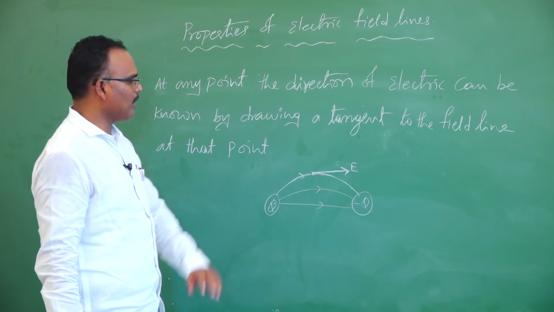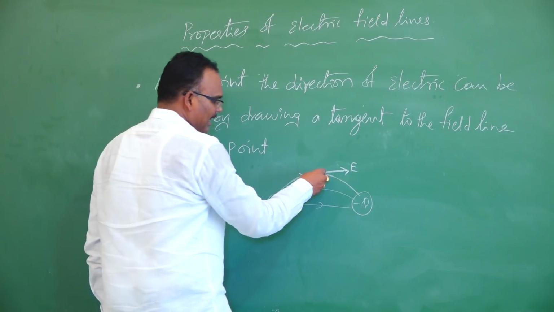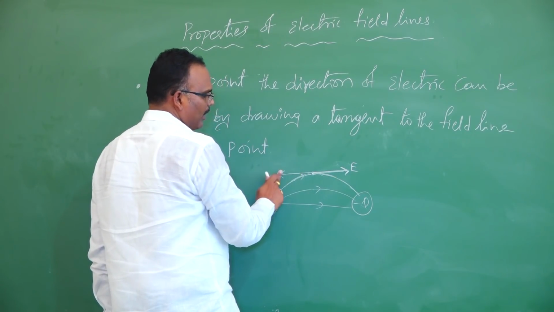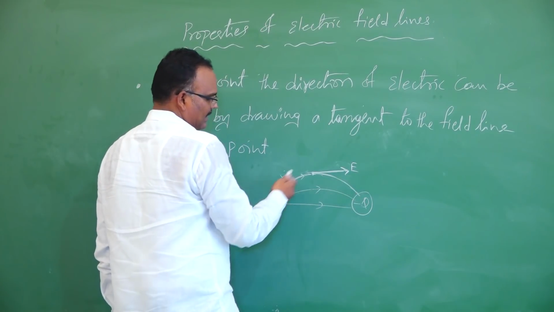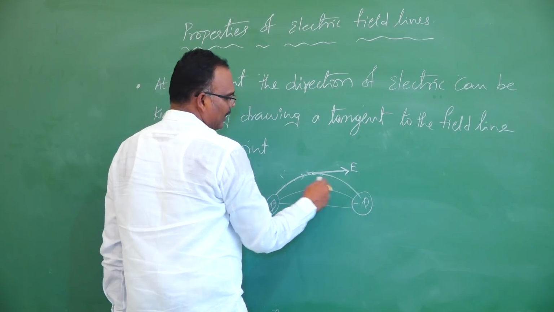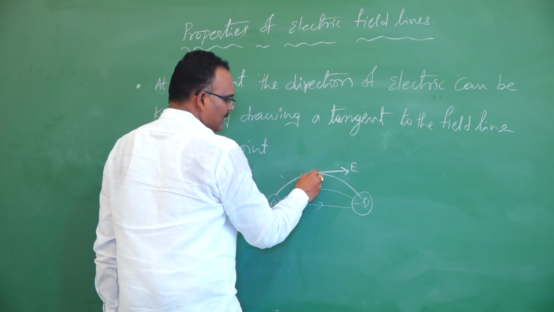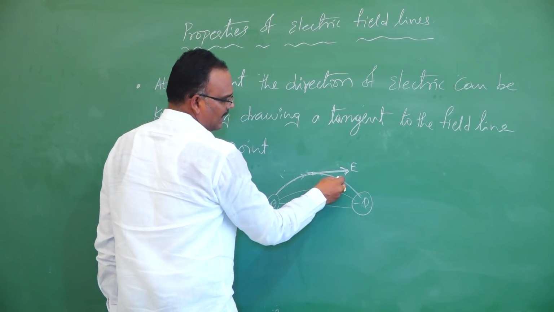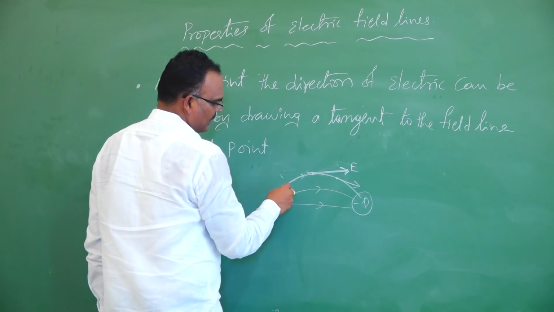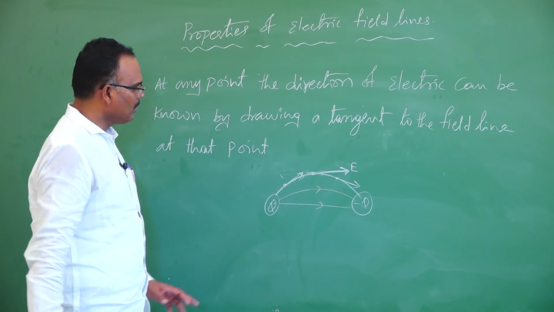So this is how we come to know the direction of the electric field. See, tangent, I can even represent like this also, but this is wrong because the field direction is this. The field line starts on the positive charge and ends on the negative charge. That means the field will be along this line. So at this particular point, the direction is this. At this particular point, the field direction is this. At this particular point, the field direction will be in this direction.